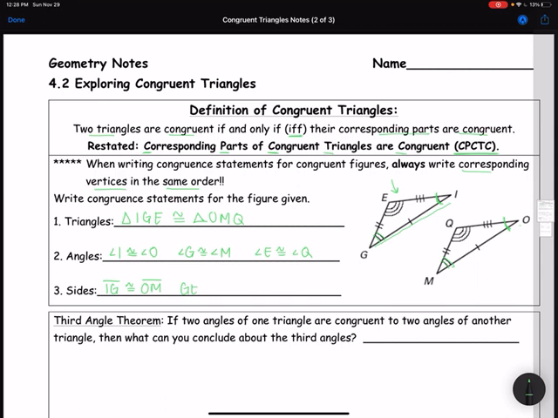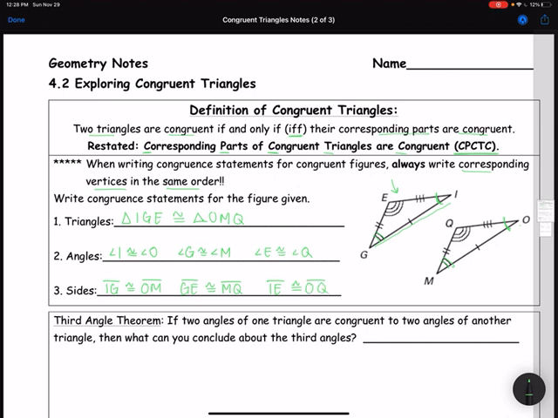So we're going to say GE is congruent to, now again, G corresponds to M, E corresponds to Q. So we're going to say MQ. And then the last one with the 3 tick marks is side IE. So we're going to say IE is congruent to, now I corresponds to O, and E corresponds to Q.